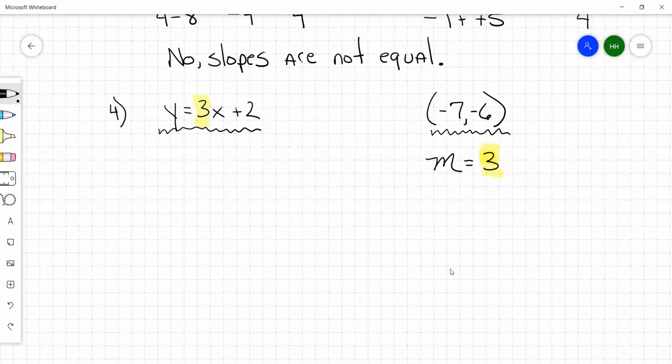So we're going to use this point and this slope. Point slope form: y plus 6 equals 3 times x plus 7. There's your equation in point slope form, through this point, parallel to this line.